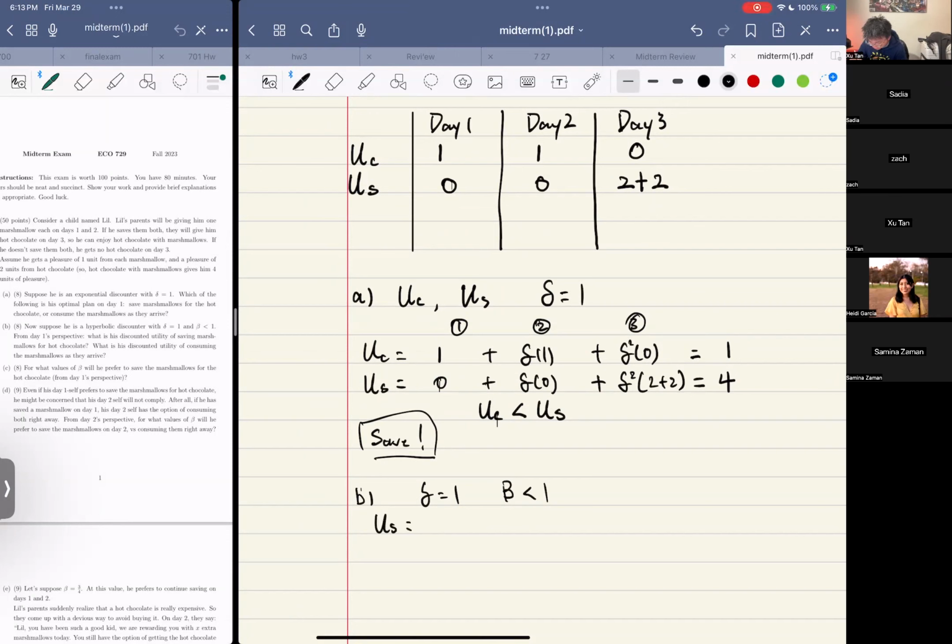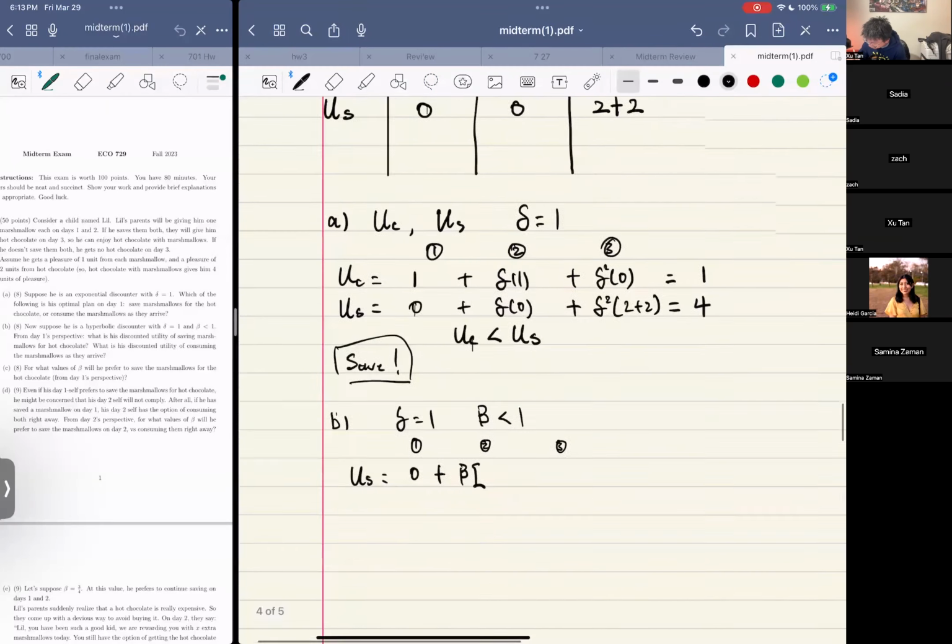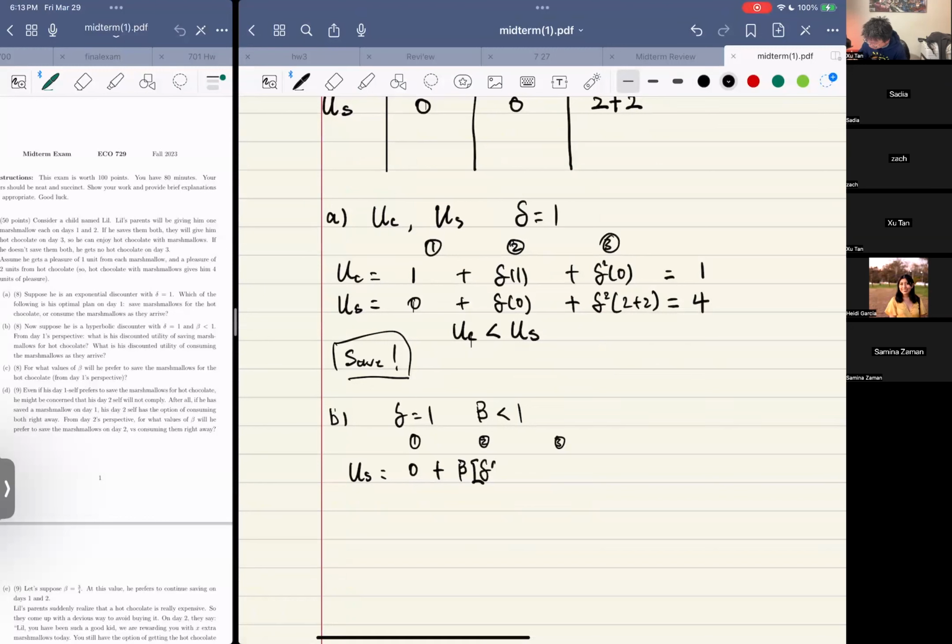So U of S equals 0 plus beta delta 0 plus delta squared of 4. Let me make it cleaner. So day 1, day 2, and this is day 3.